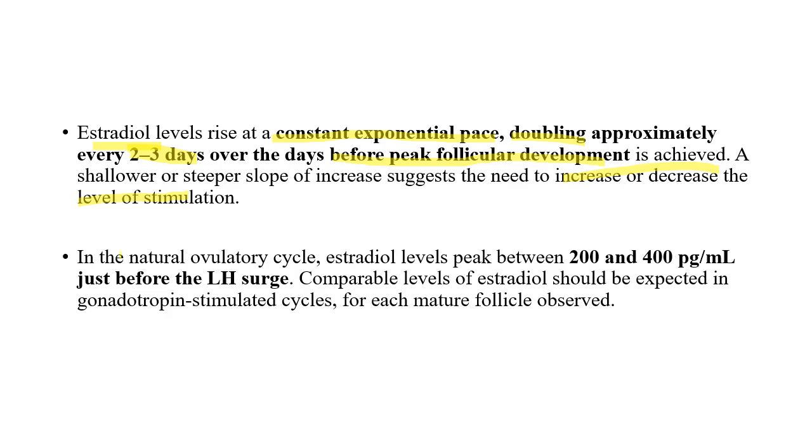So, in a natural cycle in which only one follicle will develop, the peak level will be between 200 to 400. Similarly, in the stimulated cycle, for each mature follicle, we will observe a value of 200 to 400. If we have, for example, 8 follicles, then the estradiol level will be like 200 into 8, that is 1600 to 3200.